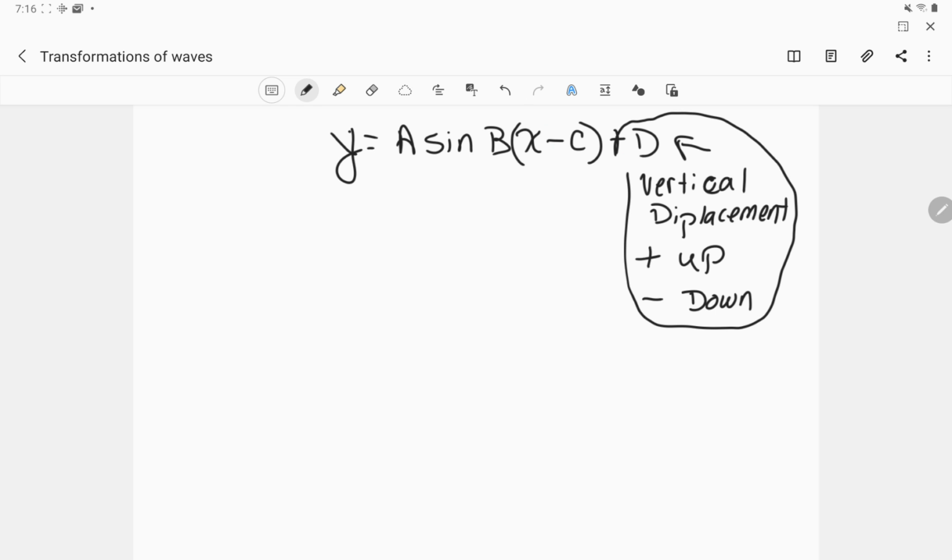Then we get to C. C used to be your horizontal displacement. You would move it left or right. It's the same thing, but they give it a new name just to confuse you. They now call it something really fancy called your phase shift.